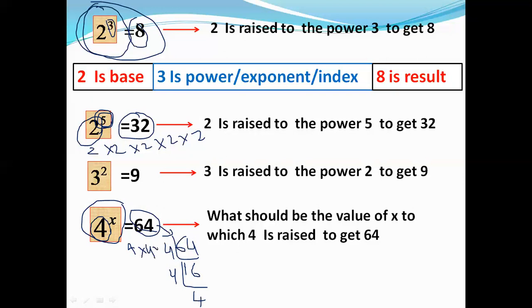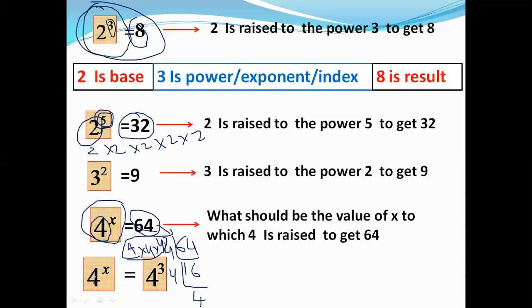So I can write 4 into 4 into 4. How many 4s? 3 4s. So I write 4 power 3. So 4 power x is equal to 64. How to write 64? 4 power 3. Here bases are equal.